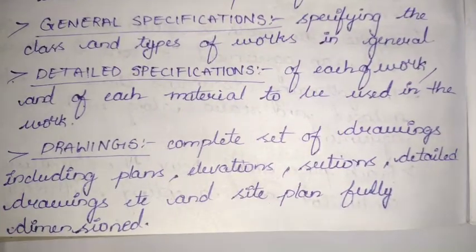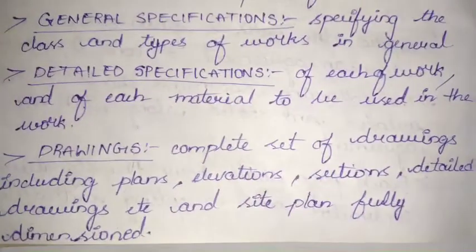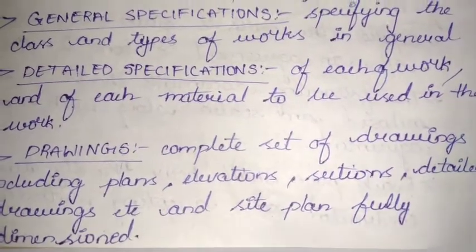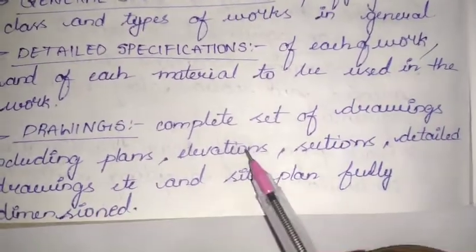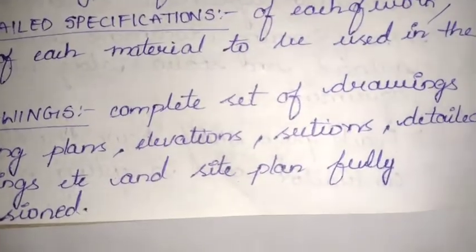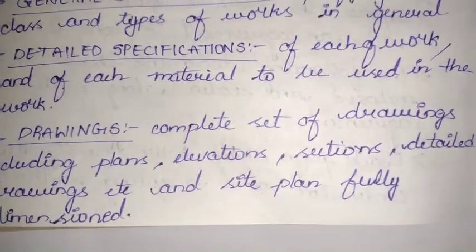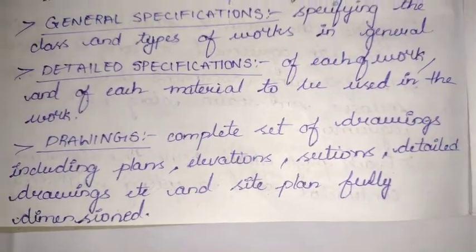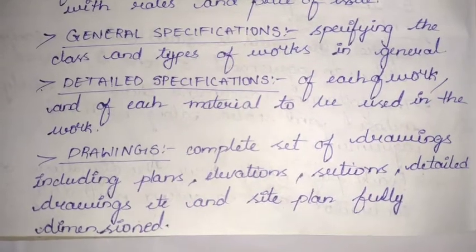Also remember, we have to fully dimension that, which is very important. Site plan: the site is where the work is going on, and we will also draw a plan of that site. All this is to be mentioned in the contract and contract documents.